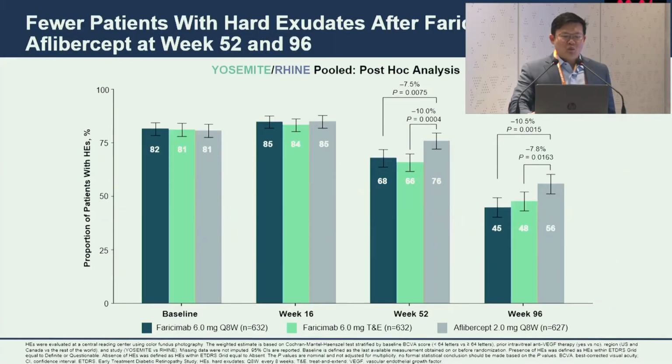Okay, and what did we find looking at a qualitative yes, no, maybe for patients with hard exudates was that fewer patients with hard exudates were present at both the 52 and 96 week time point when you look at the faricimab arm versus the aflibercept arms. As you can see here, the percentage difference was modest, but definitely statistically significant, between 7.5 to 10%.